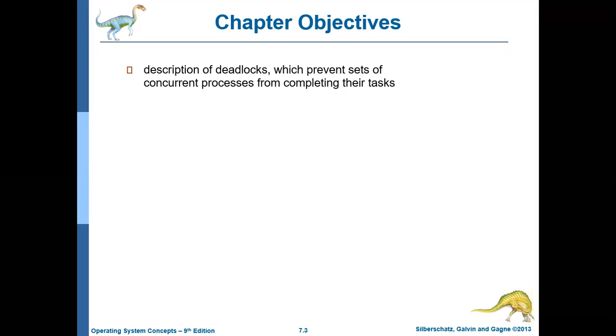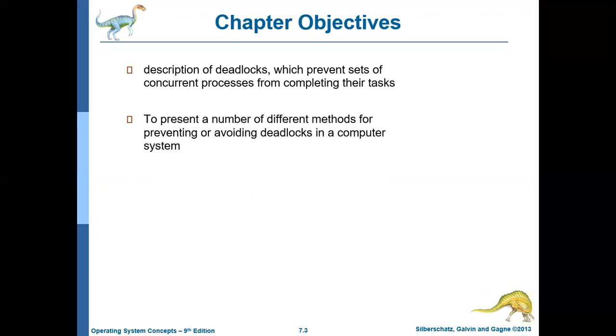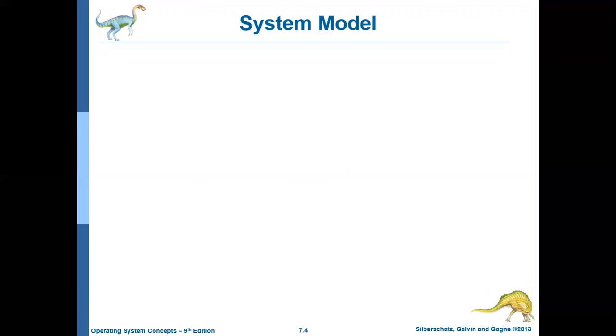Why does that condition occur? We will understand that, and then we will discuss several methods for preventing and avoiding deadlocks in a computer system. Fine. Let us move to the topic. We'll start with a system model, where we'll try to understand the concept of deadlock.